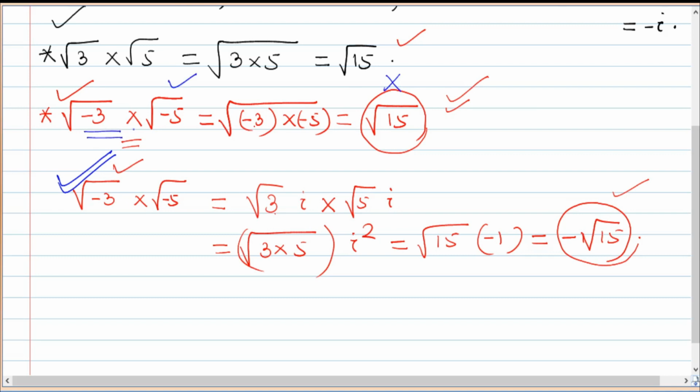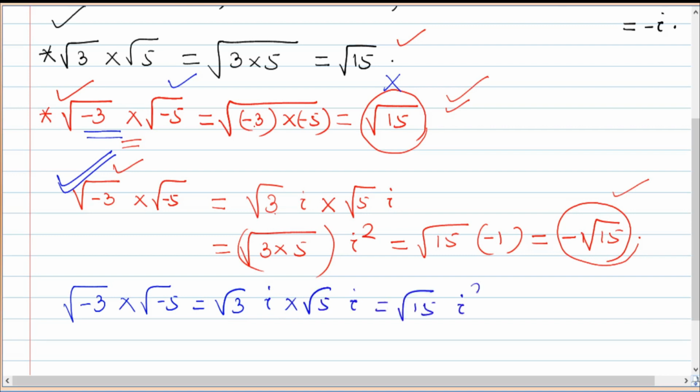Because this contradicts the value i square equal to minus 1. That's why we should write root of minus 3 into root of minus 5 is equal to root 3 i into root 5 i, which is equal to root 15 i square, or in other words, minus root 15.